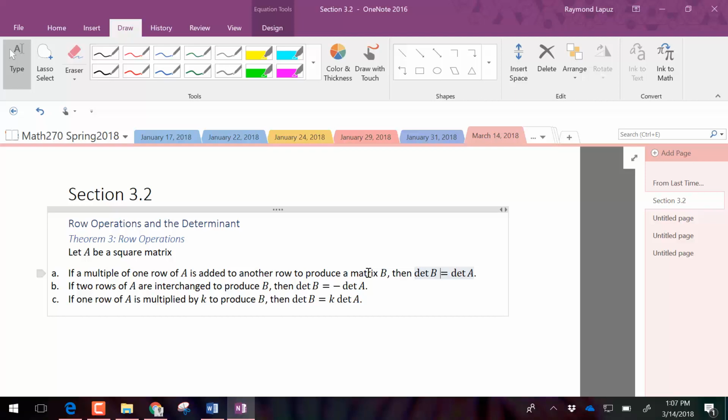If 2 rows are interchanged, any 2 rows, then you're going to generate a negative of your determinant. And then if you have 1 row and you're multiplying that by some constant, then your determinant is also going to be multiplied by that constant.